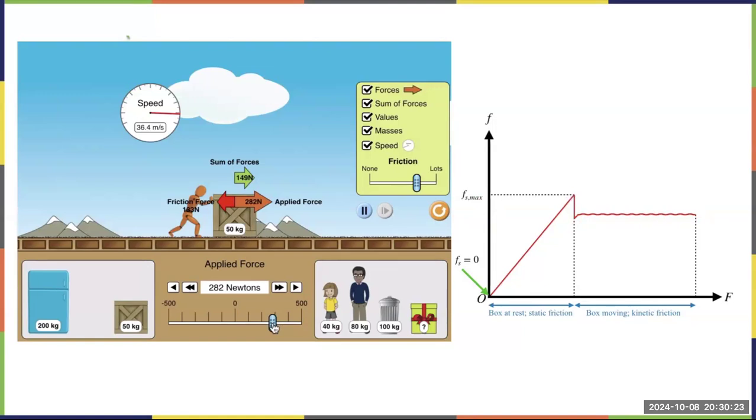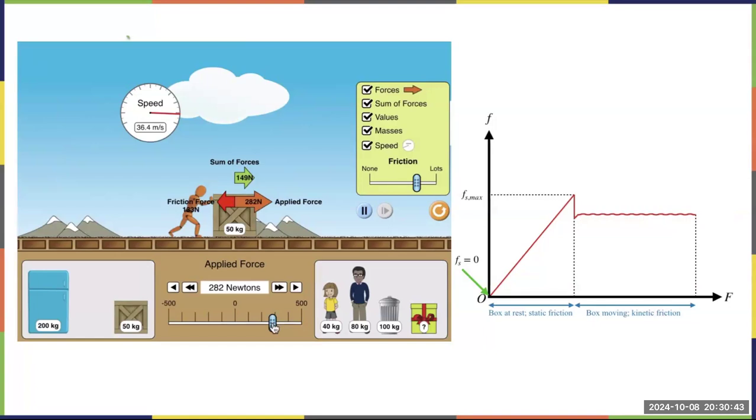Once the body starts moving, my friction force decreases, and this kinetic friction force remains constant as it keeps on moving. If you accelerate or go a little slower, it doesn't matter, it will stay constant.